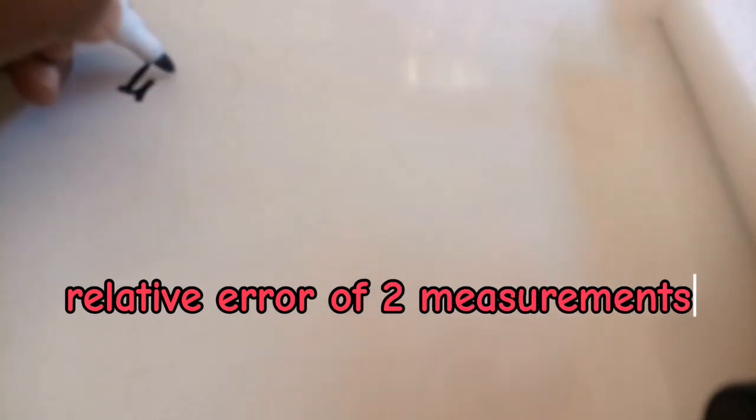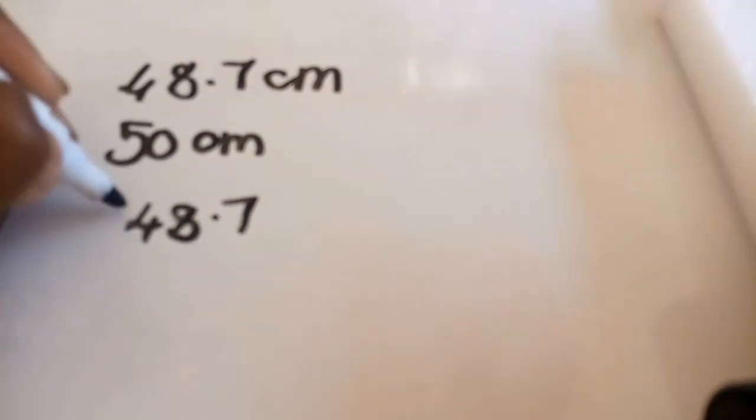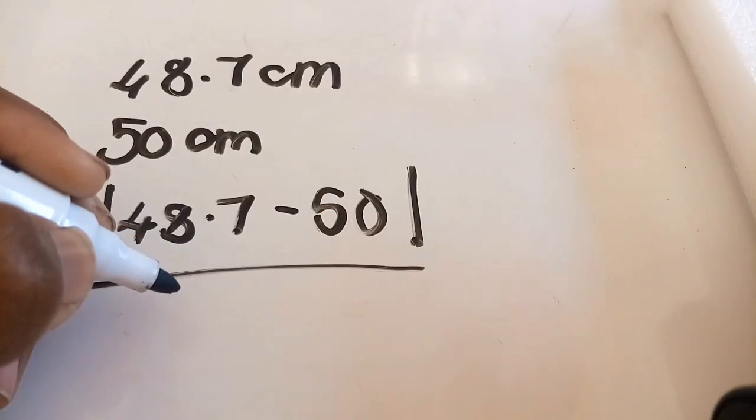Now, what if we are told to find the relative error of that first question I gave you, where a table measured 48.7 centimeters, and then we have the true measurement as 50 centimeters. If you remember the formula, it would be the recorded value 48.7 in the modulus bars minus 50, over the true measurement.